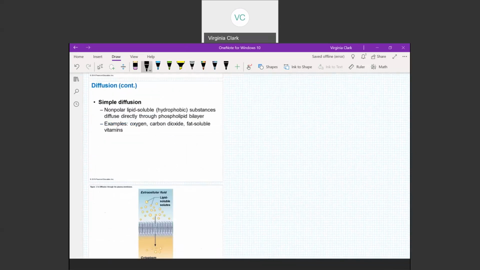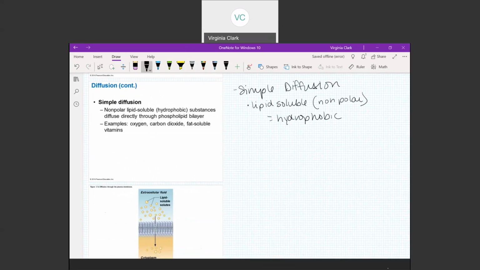The first type of diffusion is simple diffusion. These are lipid soluble, so things that will dissolve in lipids, also known as nonpolar. All of these are hydrophobic, so they do not like water, but they can all pass through the phospholipid bilayer with no problem.